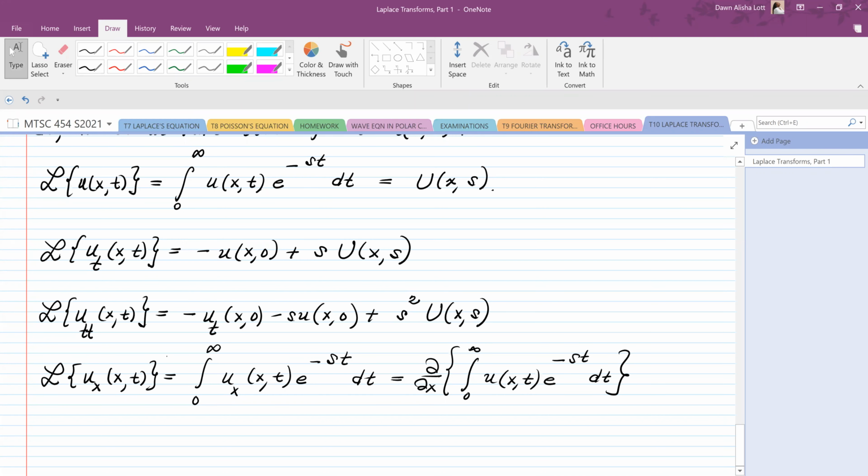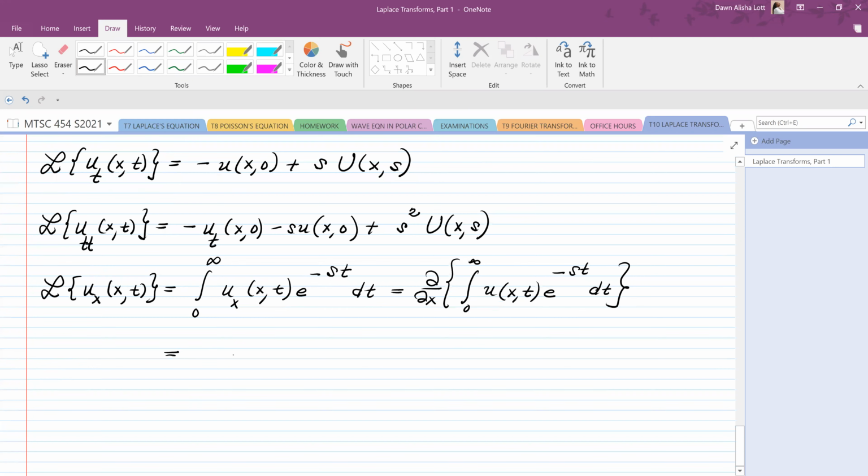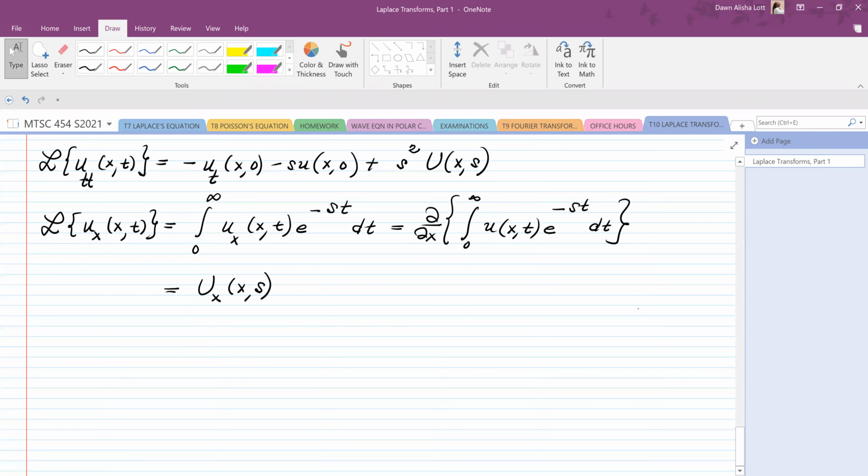And that's going to equal capital U sub x of x and s. So x derivatives just come back out, just like t derivatives did on the Fourier. The Laplace transform of u sub xx of x and t is capital U xx of x and s.